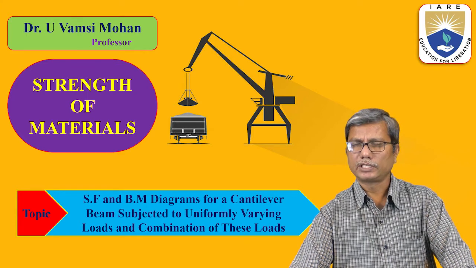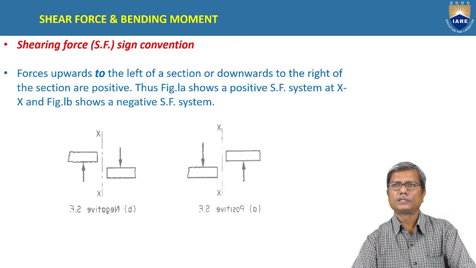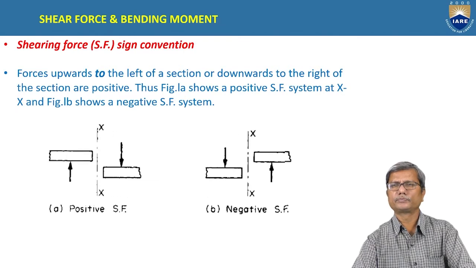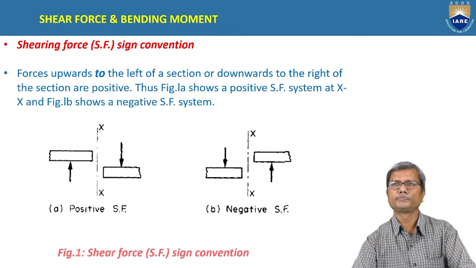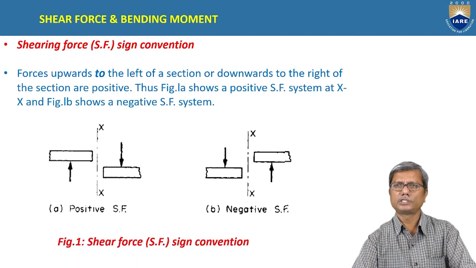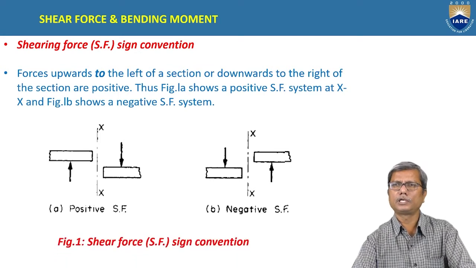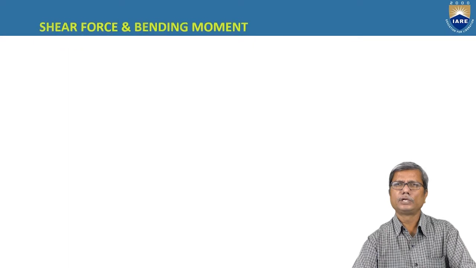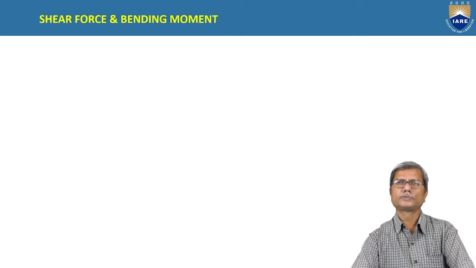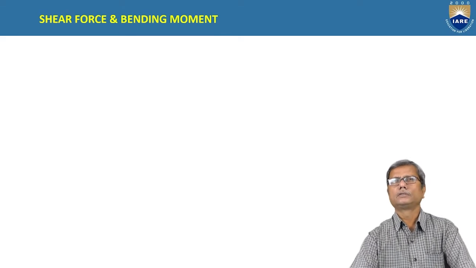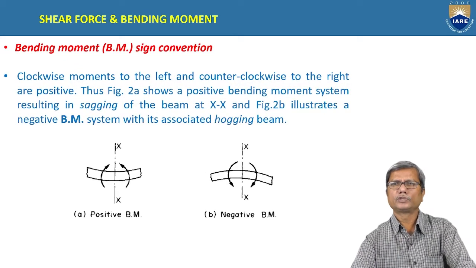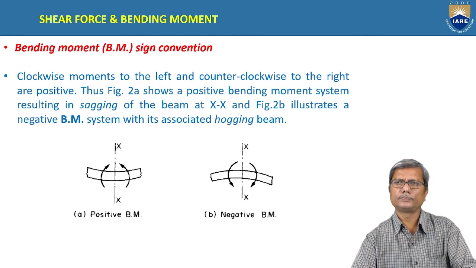The sign convention, discussed in previous sessions also: left up, right down, positive; left down, right up, negative, regarding the direction of forces. For bending moment, sagging is positive and hogging is negative.